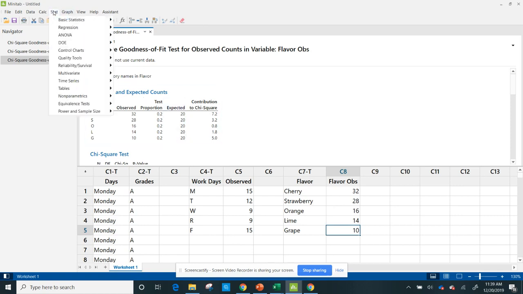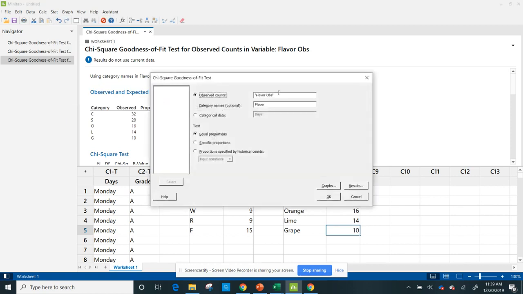To solve this, I go to Stats, Tables, chi-squared goodness of fit. When you go to this, if it's not empty, you can just clear it out with backspace or delete. So for observed counts, I'm going to do flavor observed.